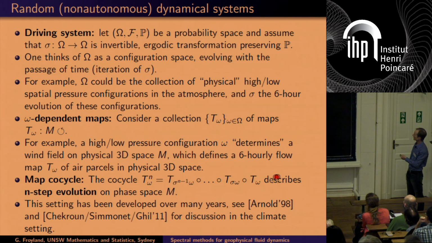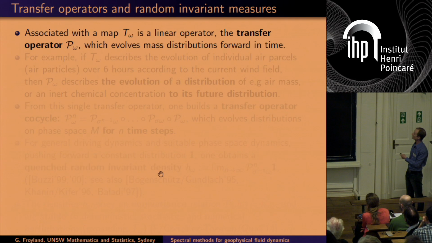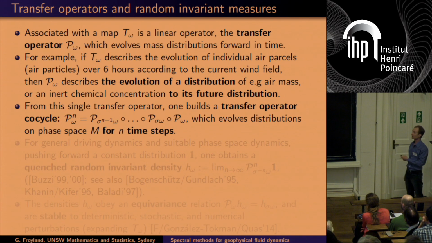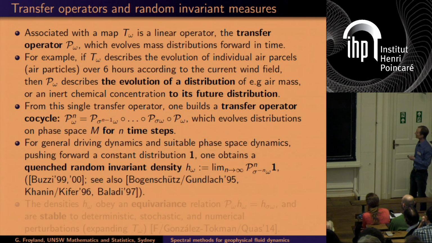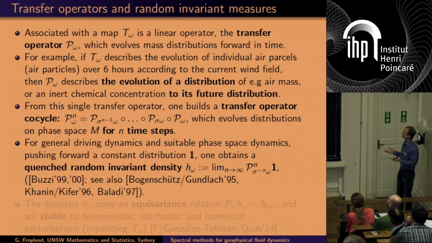Okay. Now, as we had a map cocycle back here, if we wanted to go n steps, I can replace all these T's with P's, and I can make a transfer operator cocycle that is going to push forward densities n steps in a non-autonomous way. Okay. So for general driving dynamics and suitable phase-space dynamics, you can say something mathematically about this.